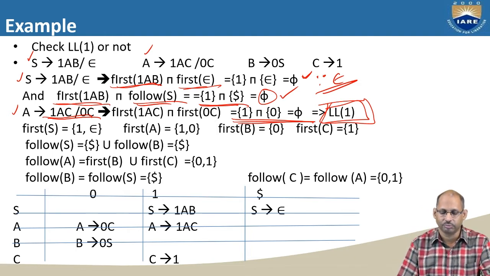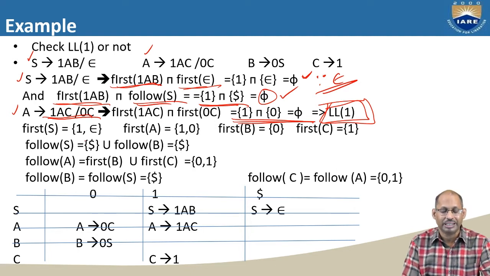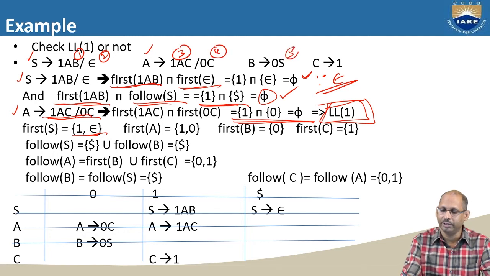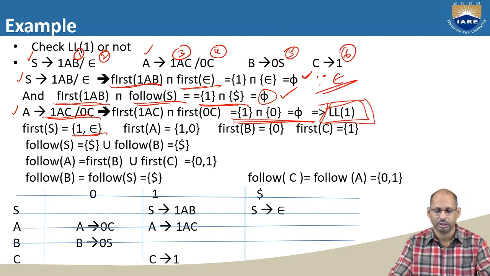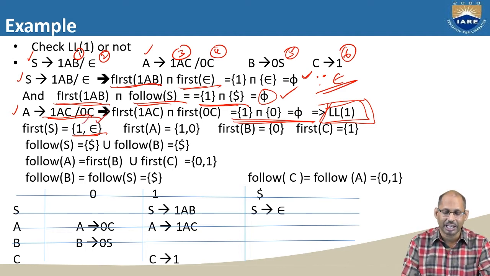Here, first of S: 1 from the first production, epsilon from the second production. From the third production, it is 1.